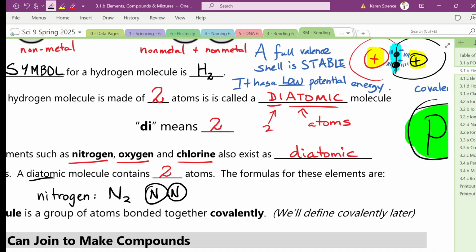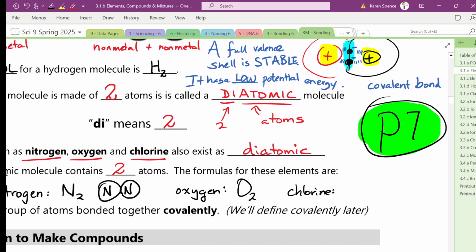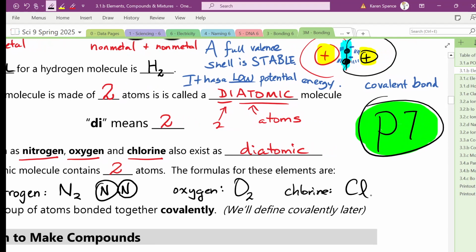So that's our N2. When we have oxygen, what would the symbol for oxygen be? We're going to call that O. And because it is diatomic, it would be O, little 2 down at the bottom. And finally, chlorine. Cl. And we have our little 2 down at the bottom. Okay?